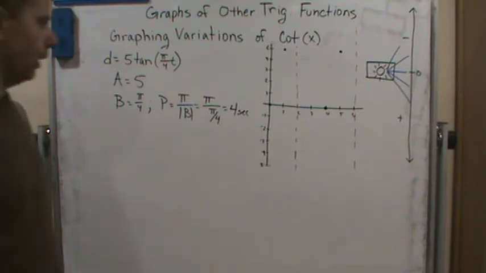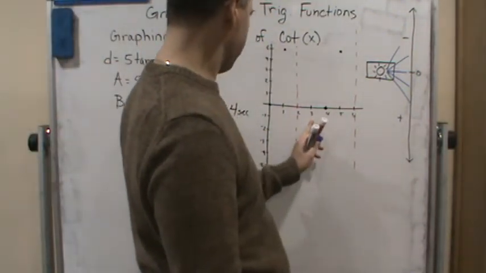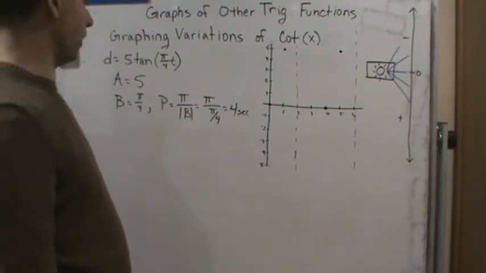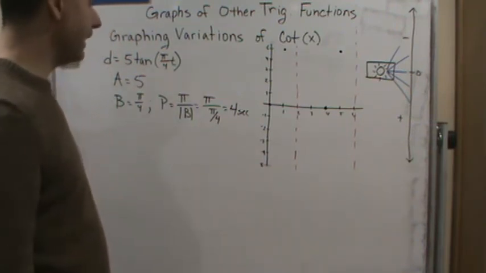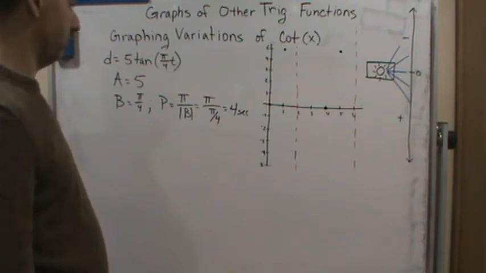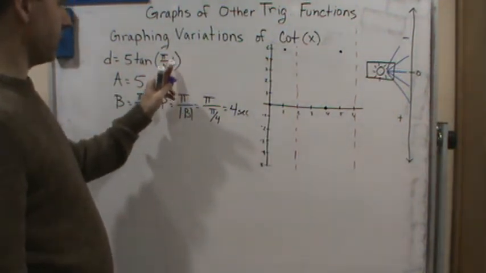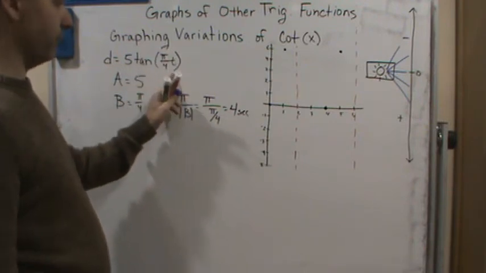What else? Over here, at 3, it's going to be at negative 5, because at 3 this is going to be 3 pi over 4, which gives tangent of negative 1.